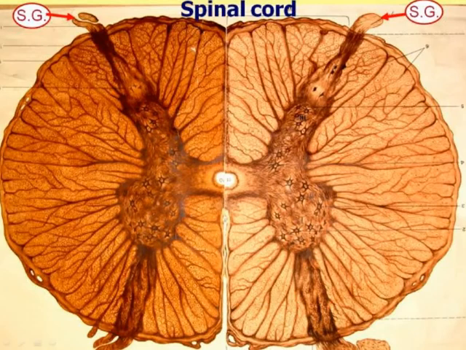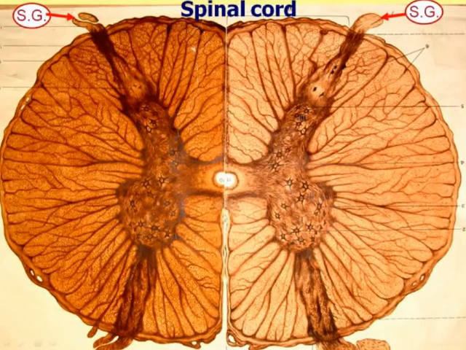White matter consists of nerve fibers, mostly myelinated. You can also see here the gray commissure connecting the gray matter and the white commissure connecting the white matter.